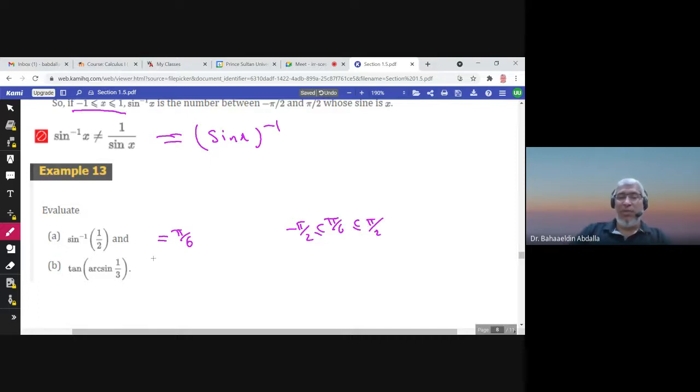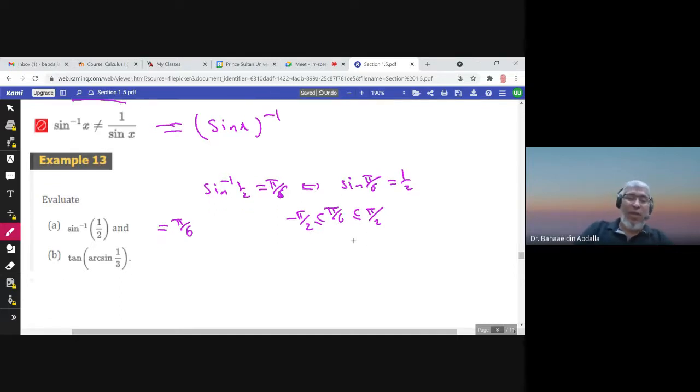So sine inverse half equals pi over 6 because sine pi over 6 is half, and pi over 6 is in the domain of sine, which is from negative pi over 2 to pi over 2.